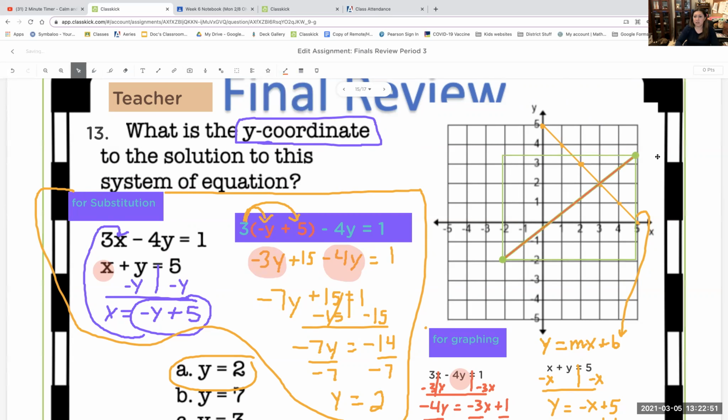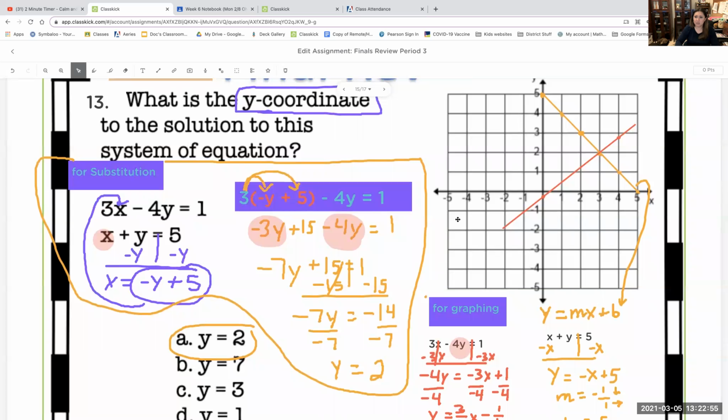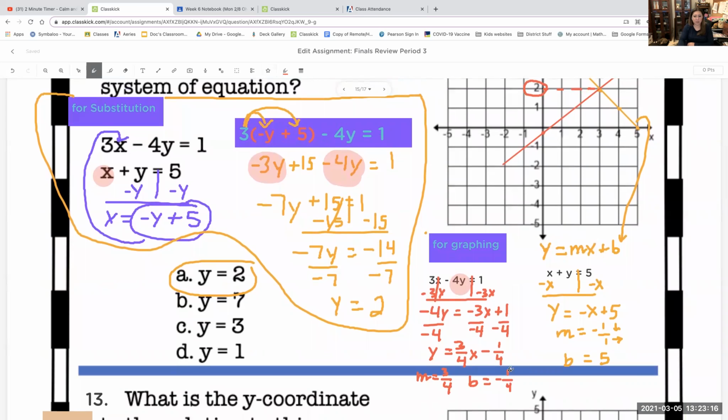Make this red. And yeah, you see that my y-intercept is at 2. So I don't know if on your test it'll be this mean.